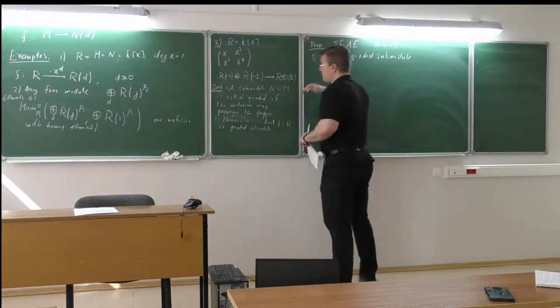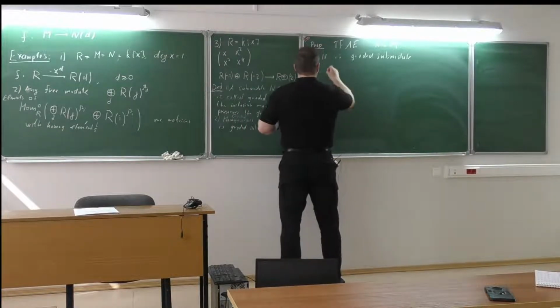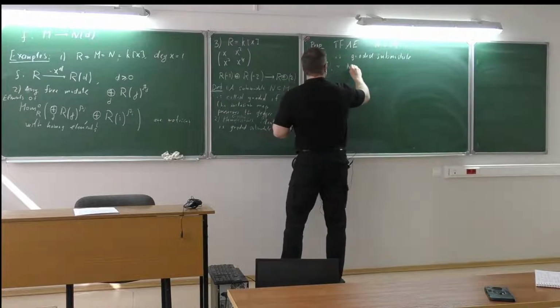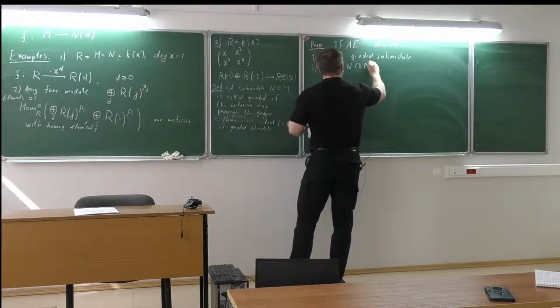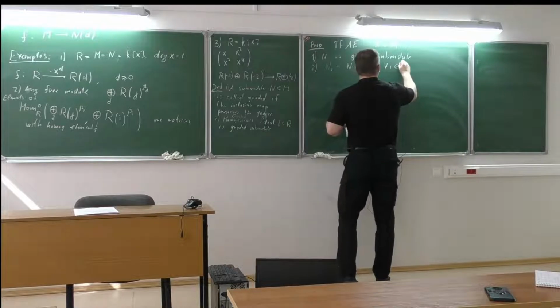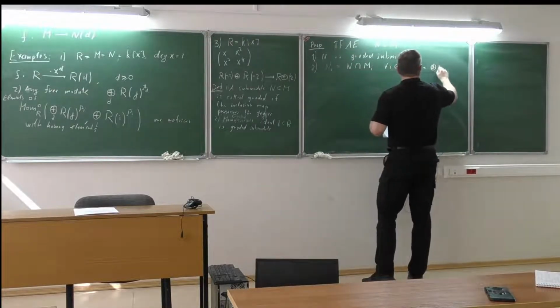In other words, this definition is satisfied. Part 2: if you consider the component N_i, this is the intersection of N and M_i, for all integers, and in this case N is the direct sum of its components.